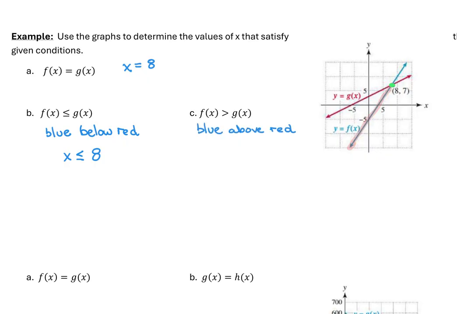So where is the blue line above the red line? Well, that happens when we are to the right of 8. So here, our answer is going to be x is greater than 8. And notice here that we use the same inequality symbols that we used in our original statements.